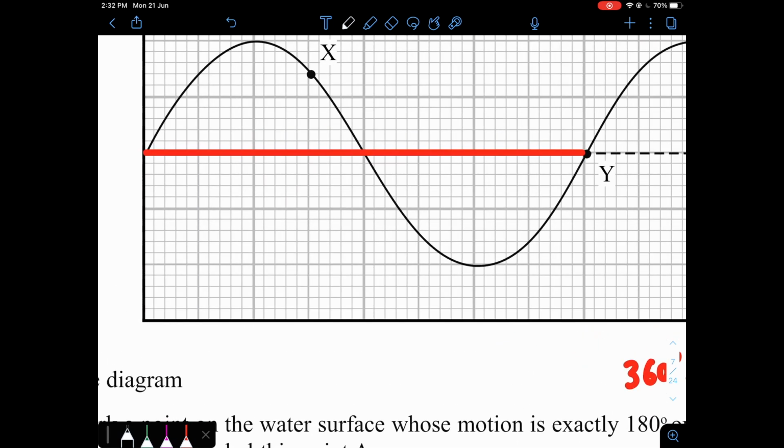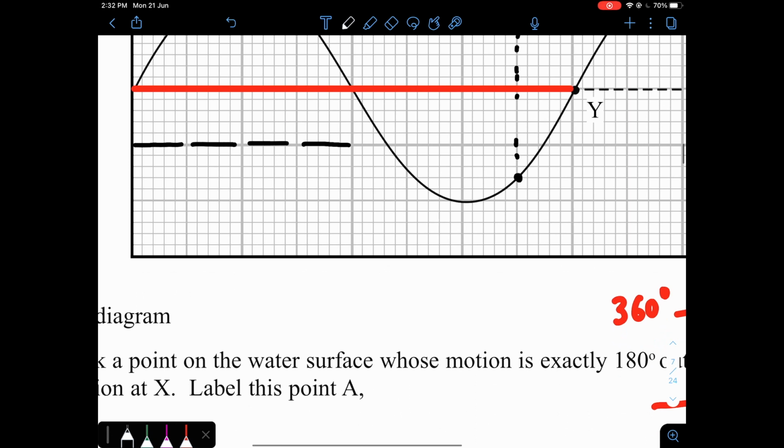You can see this is 1, 2, 3, 4 large squares, from the gray lines. So from X we measure 4, 1, 2, 3, and 4, and we go down to the point. This is our point, and we label it point A.